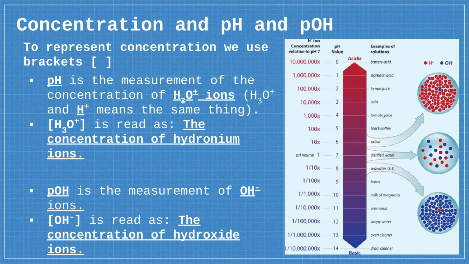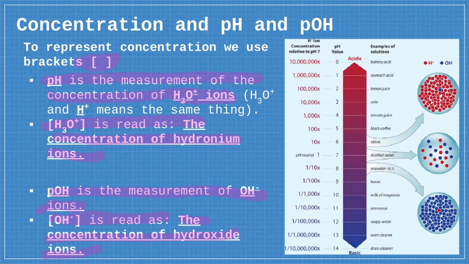To represent concentration, we use these brackets. So pH is the measurement of the concentration of H3O plus ions, and the bracketed H3O plus is read as the concentration of hydronium ions. pOH is the measure of the OH ions. The bracketed OH minus is read as the concentration of hydroxide ions.